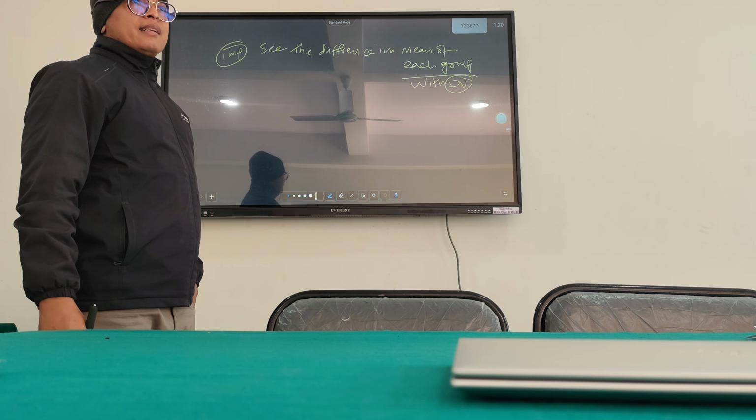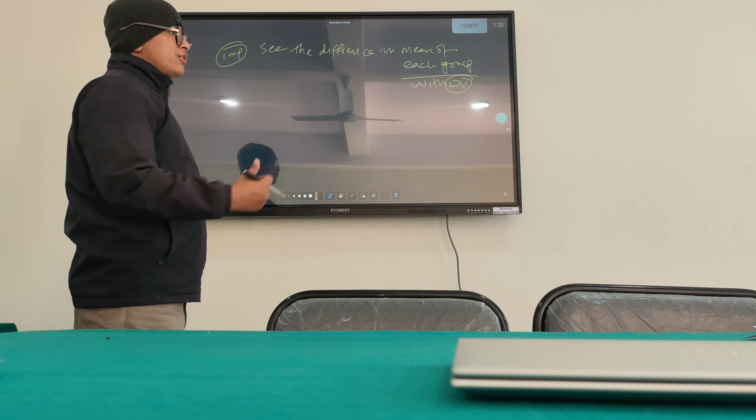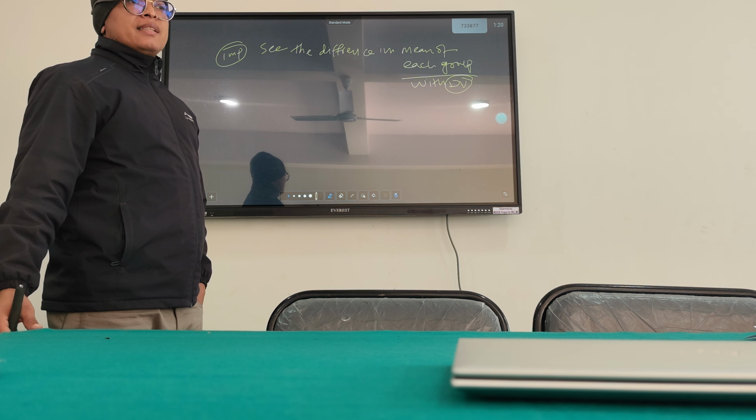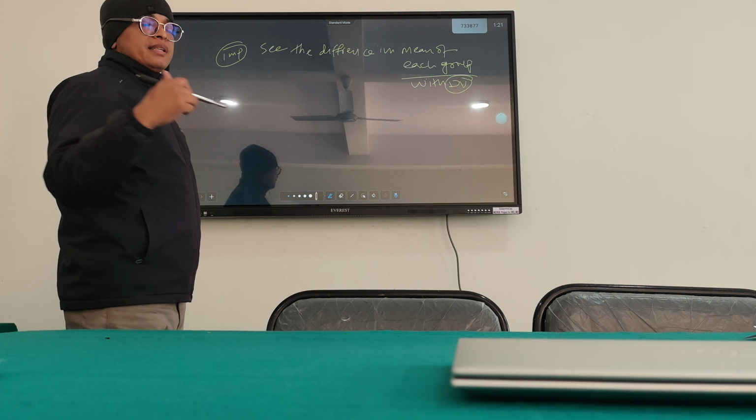Maybe gear 0 automatic gives how much mileage, and gear 1 gives how much mileage. So ultimately it is comparing the mean.